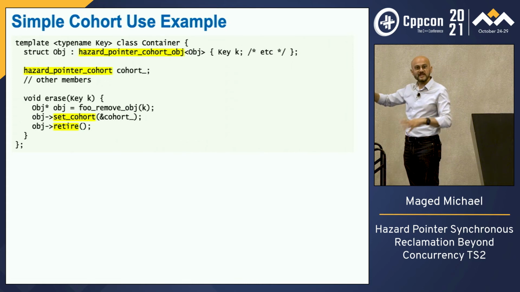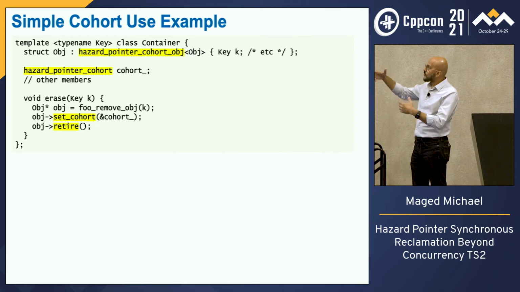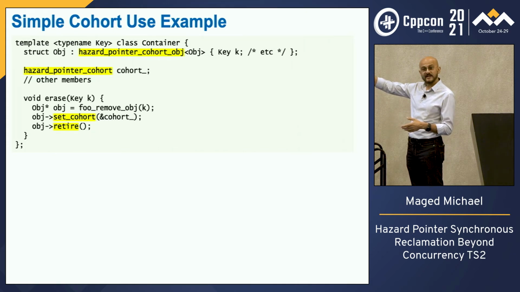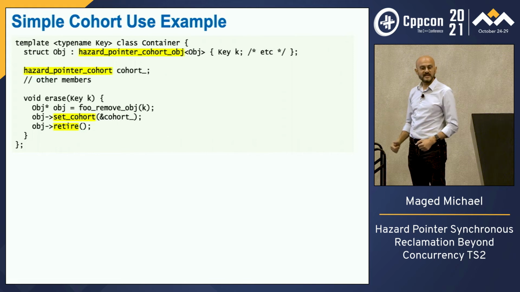That is the cohort that all the objects belonging to that container will be associated with. Does that clarify? Okay, so let's look at this. When that container is destroyed, the cohort will be destroyed, and all the objects that were removed and retired and associated with that specific cohort will also be guaranteed to be reclaimed. Clear? Okay.